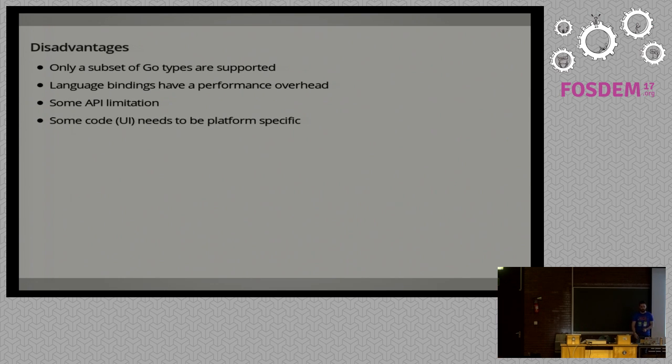In case it returns two, the second one has to be an error. And some code, like the user interface, needs to be platform specific, because what you are doing is a Java application or an iOS app and using some Go as a library.